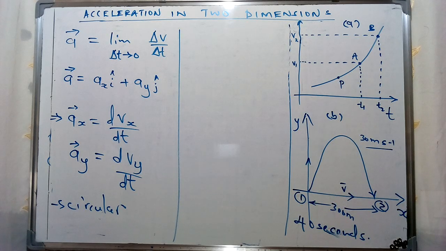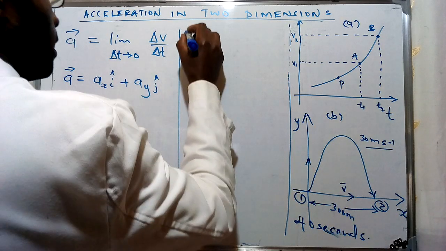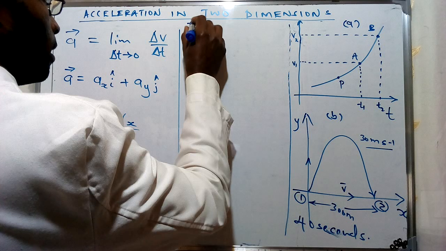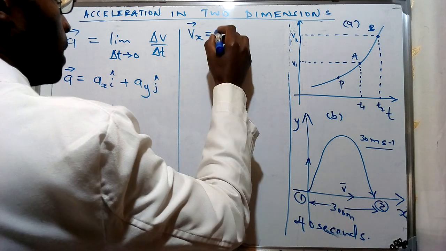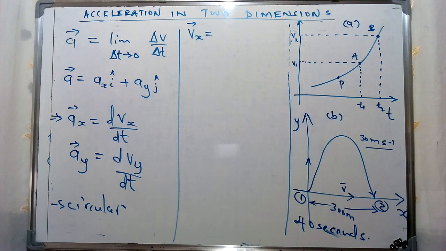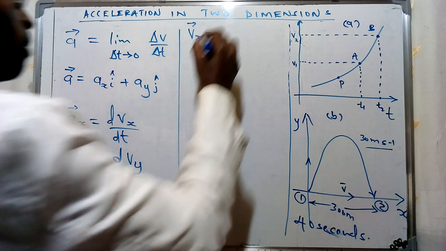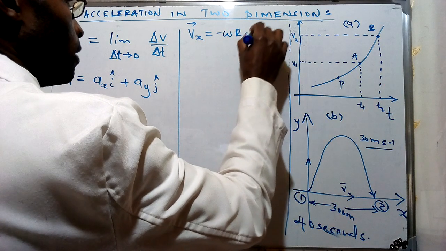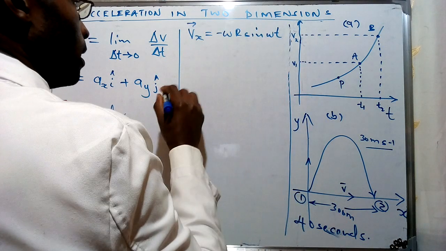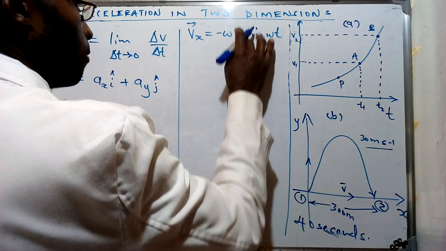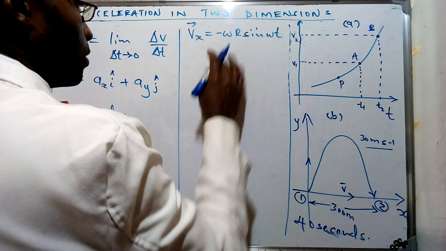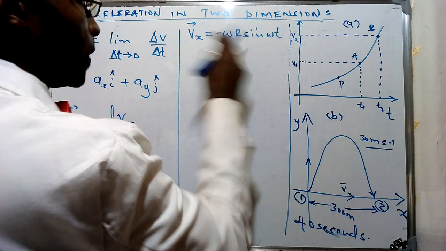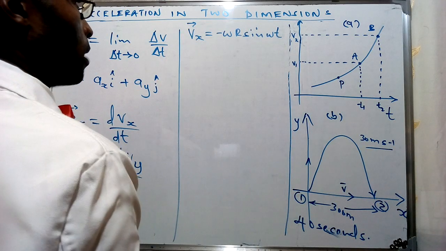And therefore, we have two specific descriptions for velocities in the x and y axes, considering circular motion, whereby the velocity component along the x-axis is basically the value of negative omega r sine of omega t. And as shown from that discussion, omega is the angular velocity, r is the radius, and t is the time.